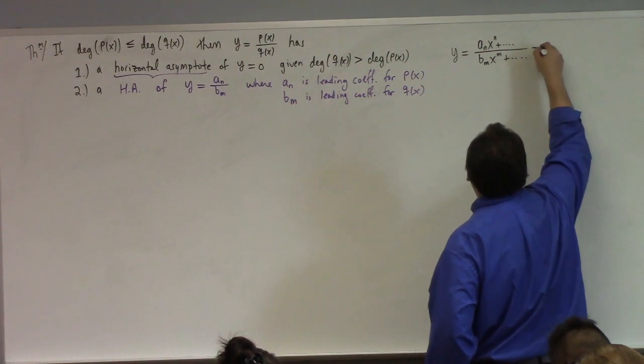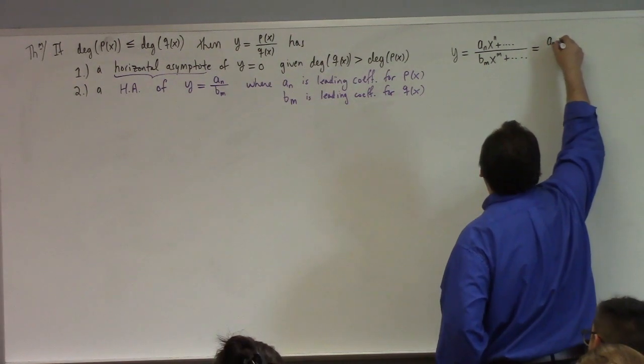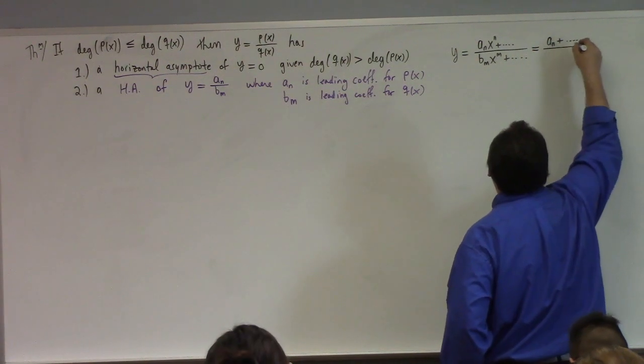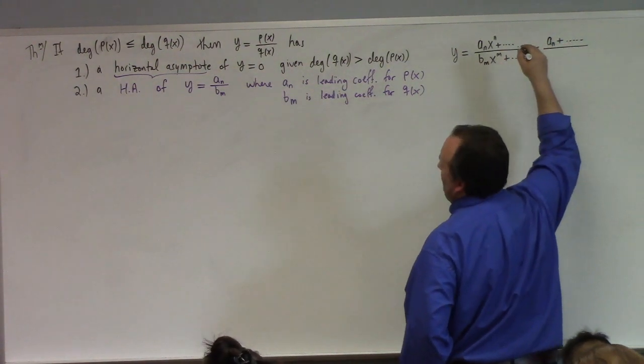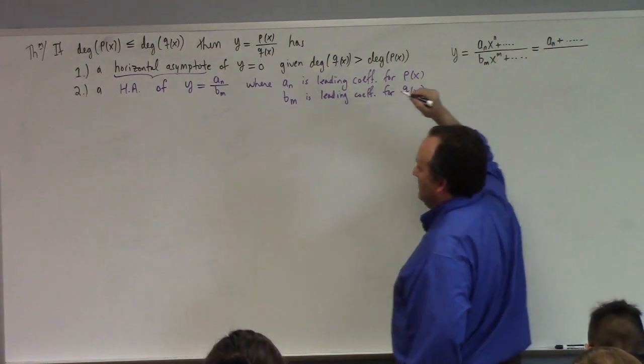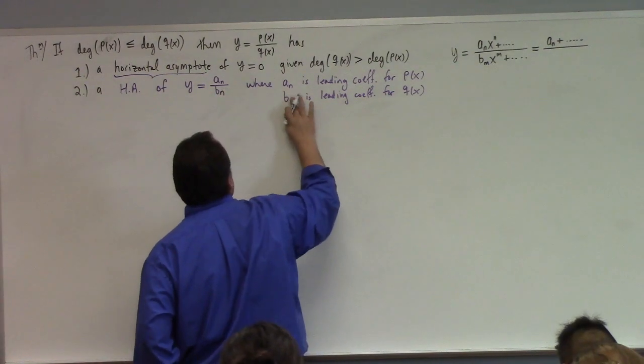And so if we simplify that, we have a sub n plus dot dot dot divided by, oh, I'm an idiot. I don't need an m and an n here. We just need n for both. Both of these should be n. My bad.